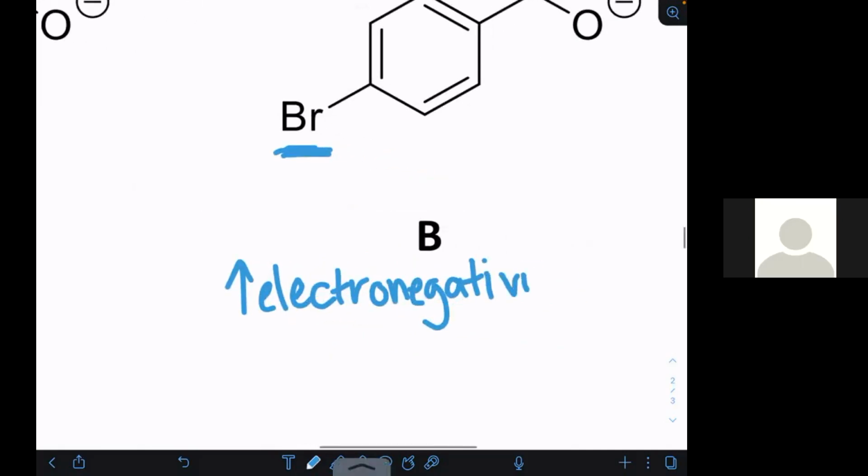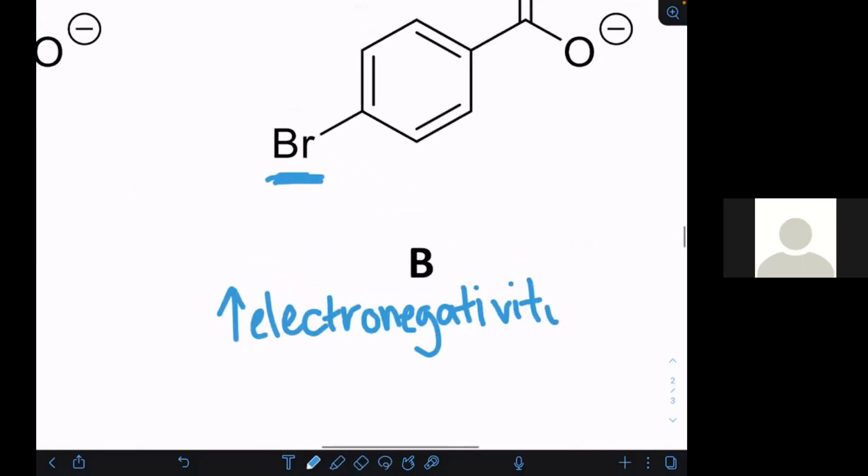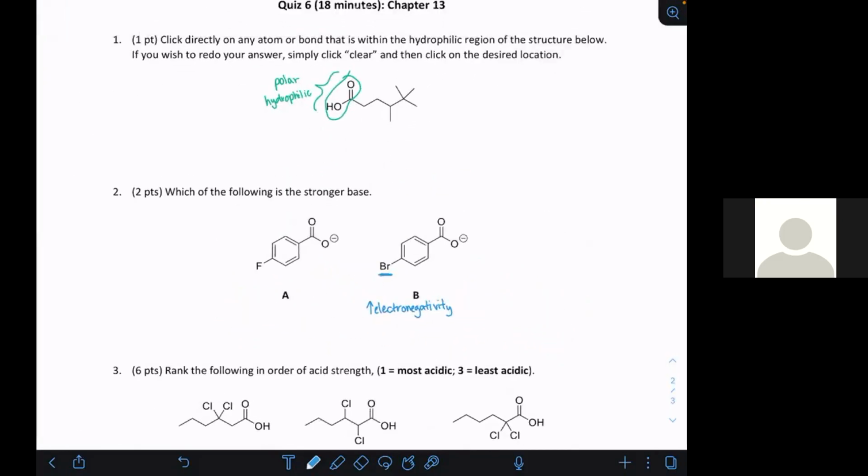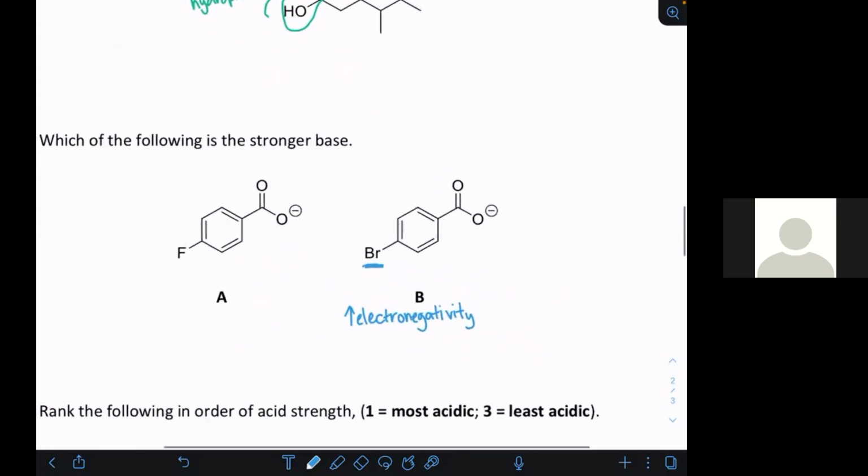Roshan, did she explain why it's electronegativity? She explained that Br is the stronger base because it's less stable. Because fluorine, I think, yeah.